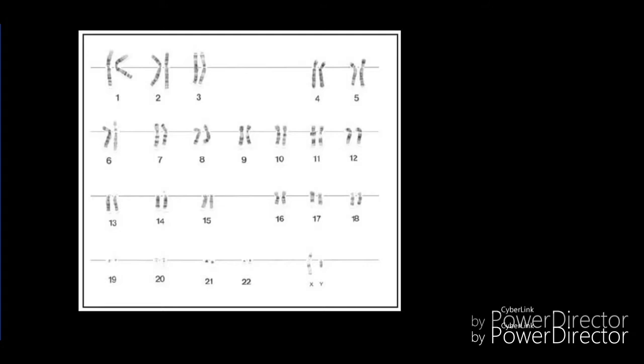So 22 pairs of these chromosomes are normal chromosomes, but the last pair, the 23rd pair, is something special. These are called the sex chromosomes, and they define your gender. I will talk about this later.